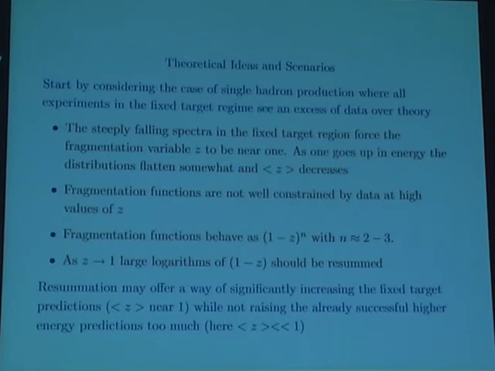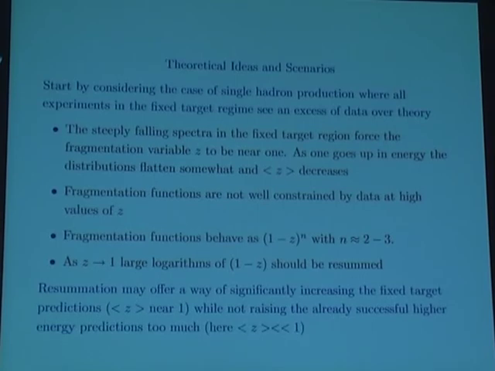The idea is you've got a steeply falling spectrum, and that means that it's not energetically favorable for either a hadron or a photon to be produced in a fragmentation process where a lot of the energy goes into unobserved fragments. So the average value of z for these fragmentation processes is going to be near 1.